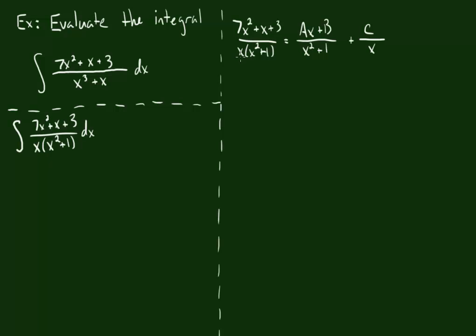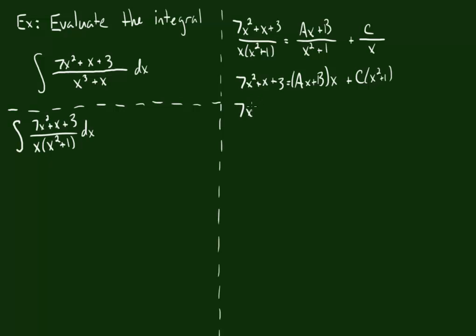Easiest thing to do here is to multiply on both sides by both x and x squared plus 1. And so all of these denominators are going to go away. When we do this, we're going to get ax plus b times x on this side, and then plus c times x squared plus 1. Okay, well, not a problem.